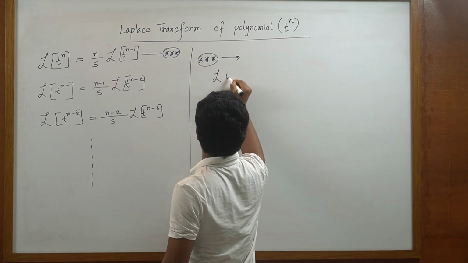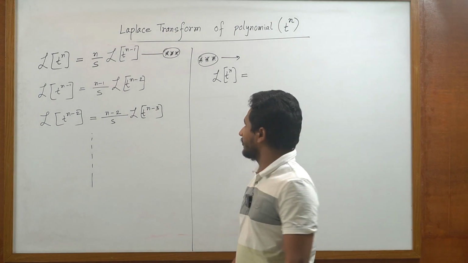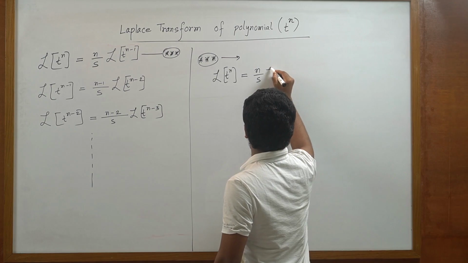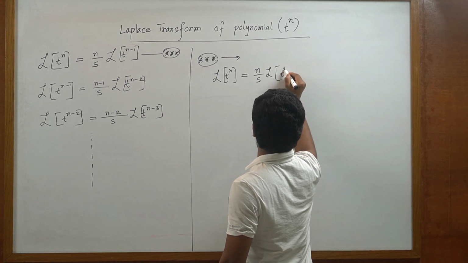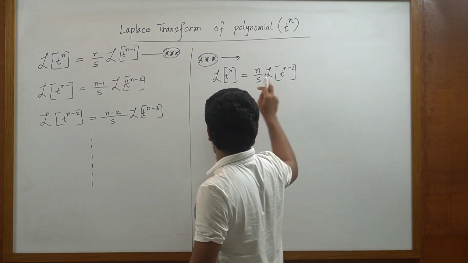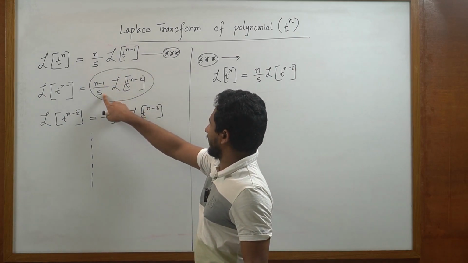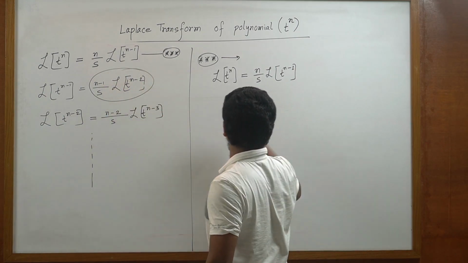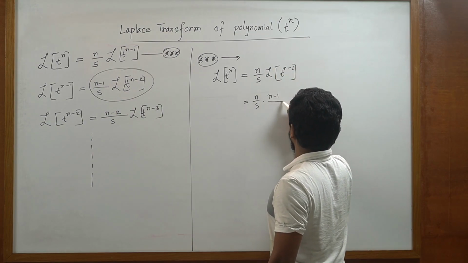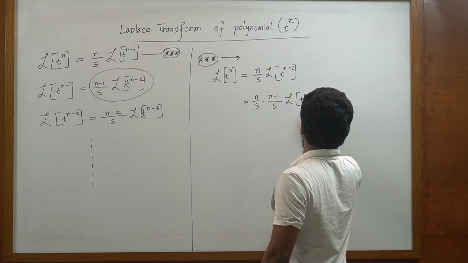Laplace transform of t to the power n equals n by s Laplace transform of t to the power n minus 1, and here we will substitute the Laplace transform of t to the power n minus 1 result, and that is n minus 1 by s Laplace transform of t to the power n minus 2.